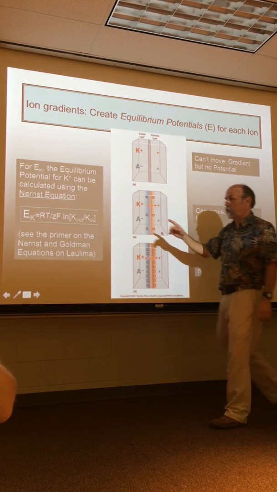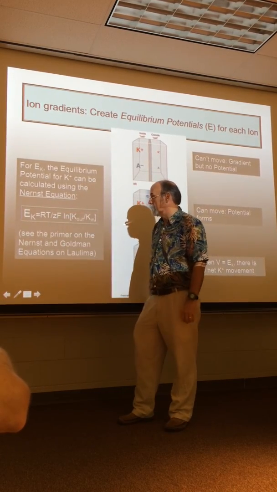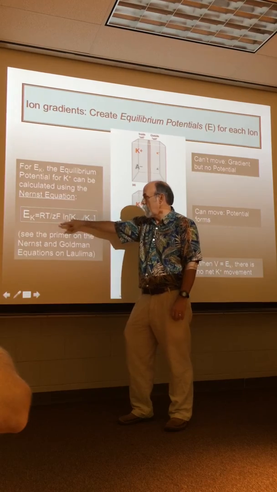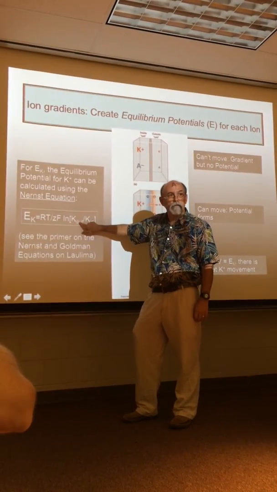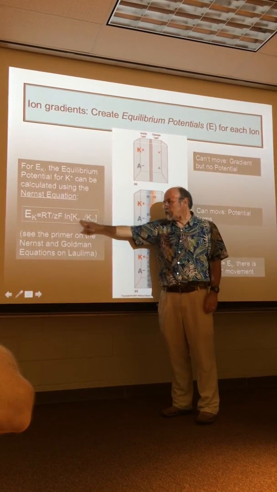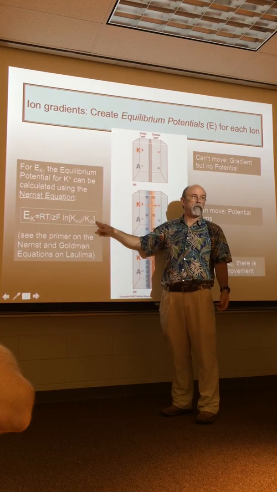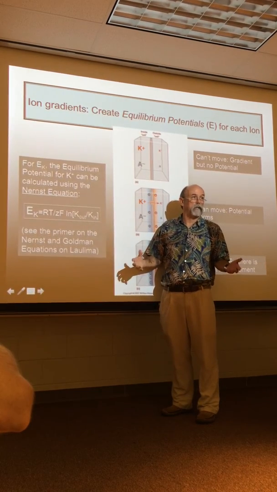I know this looks a little scary. Don't worry about all this stuff. That's the valence, the Faraday constant, temperature, and so forth, and the gas constant. But the key thing is pretty simple. Can you all read this? This is the ratio of the concentrations, but we don't care whether it's concentrations, whatever it is.